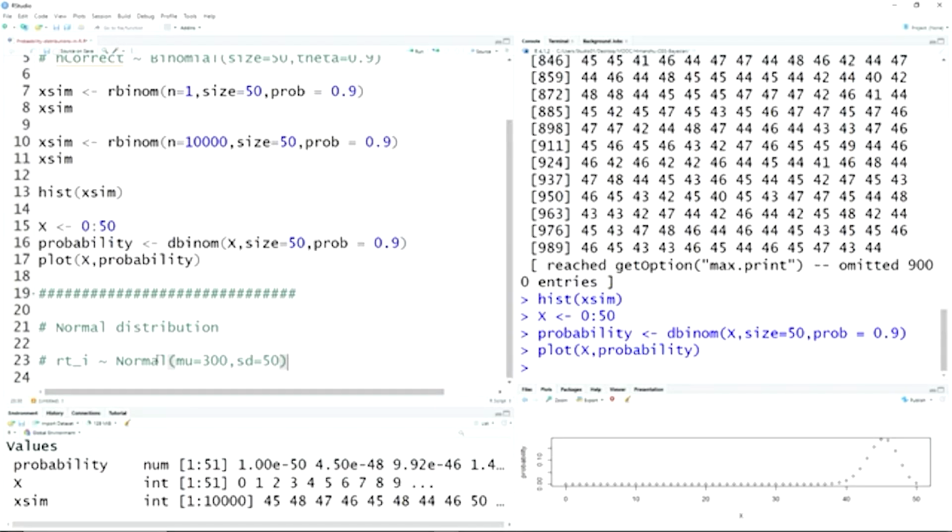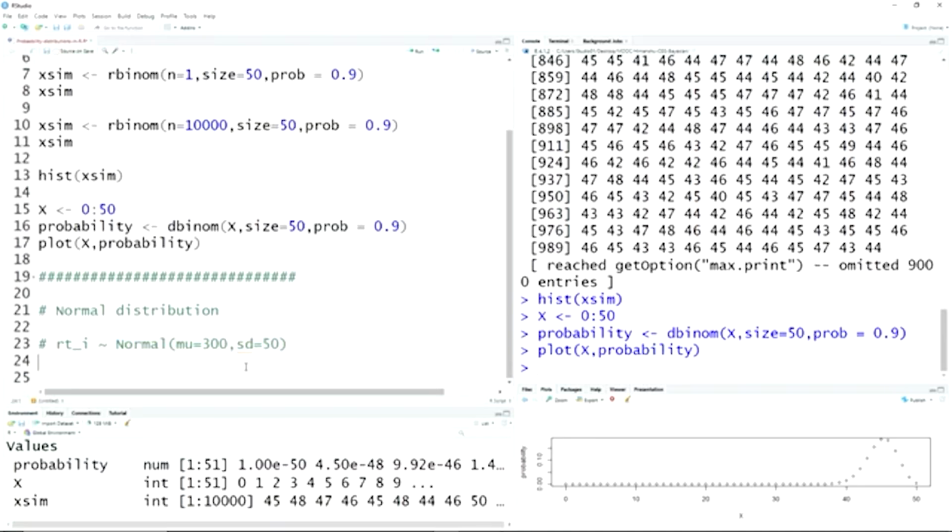Let's say this is the underlying generative process. So let us generate reading time in 1000 trials from this underlying generative process.